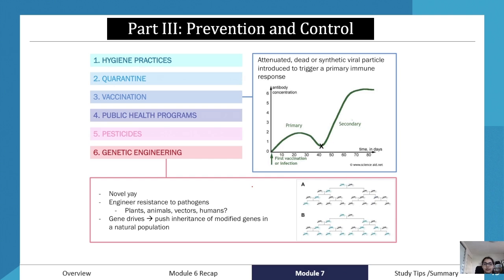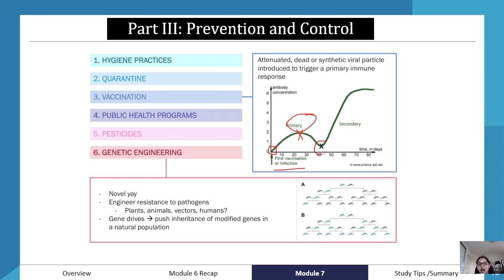So vaccination: an attenuated, dead or synthetic viral particle is introduced to trigger a primary response. You can see the graph, the antibody concentration after the first vaccine. Infection happens here. The primary response, the first time around the whole immune system response happens, takes over 20-25 days.